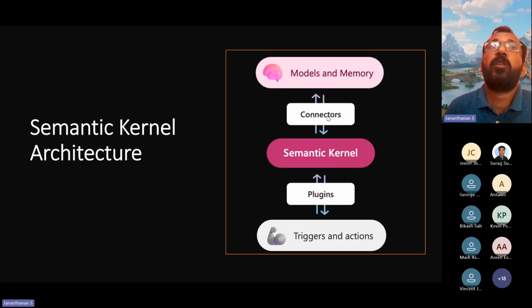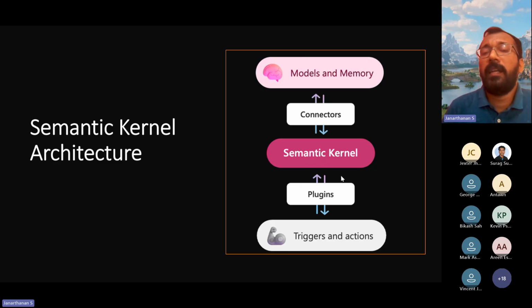The connector could be OpenAI, Azure OpenAI, or a Hugging Face connector. These connectors will internally call the model, and we deploy a generative AI model in Azure OpenAI. It could be GPT-4o, GPT-4o mini, o3 mini, GPT-4.5, any type of model we can connect.